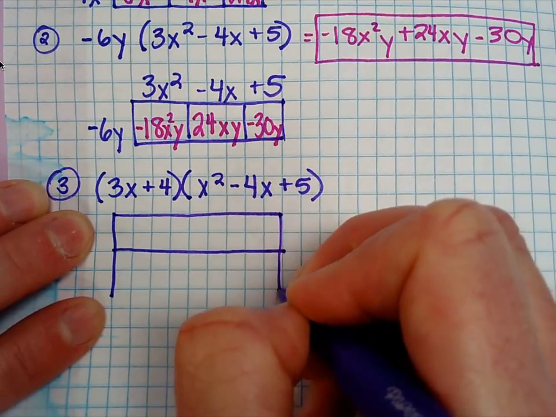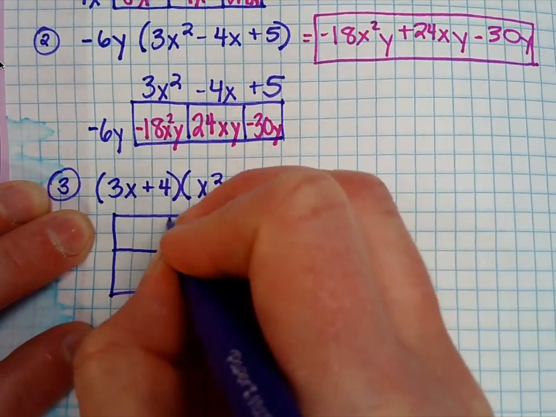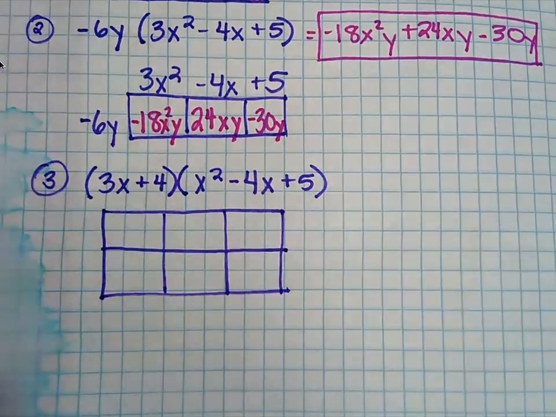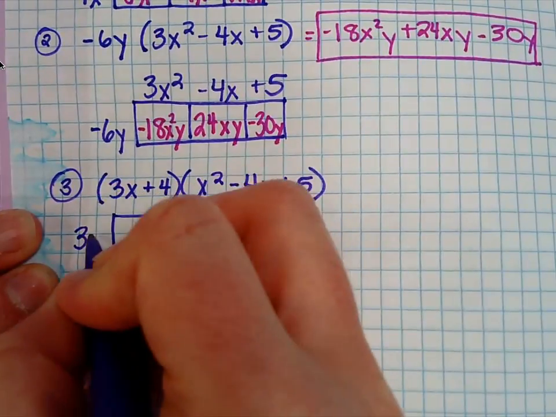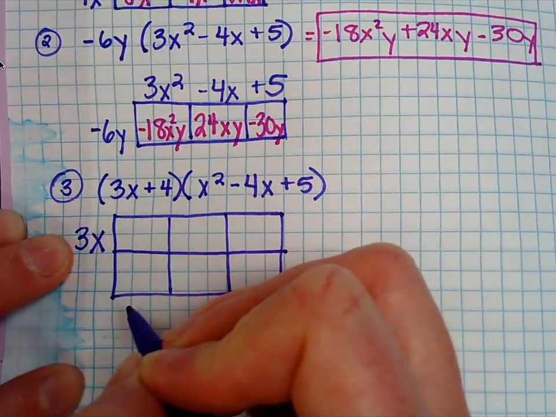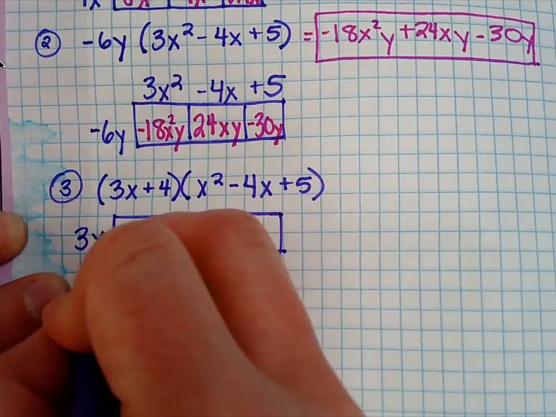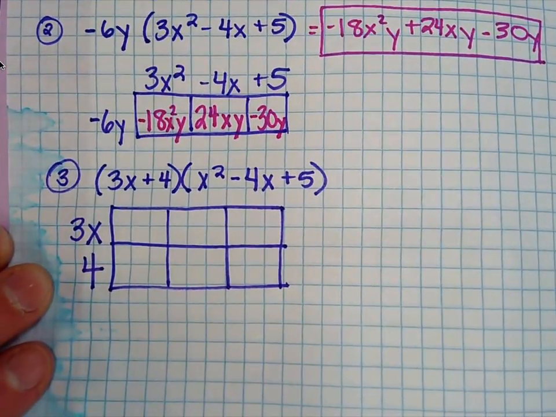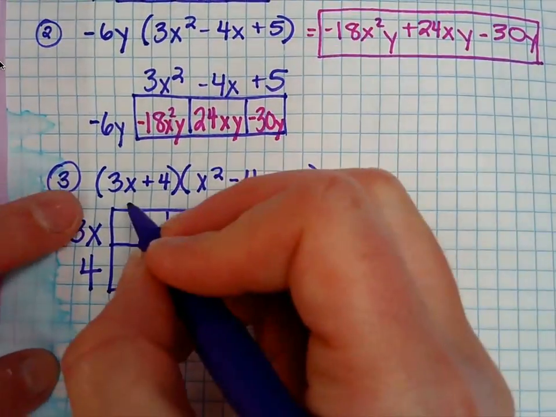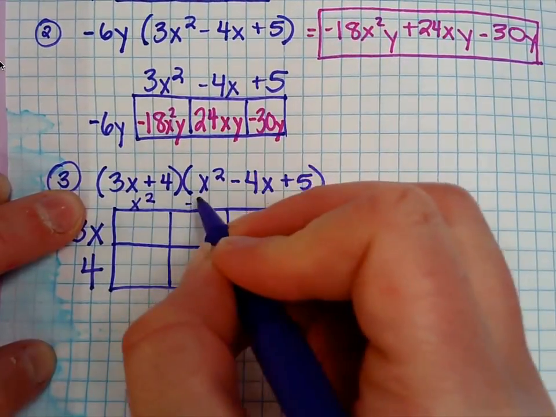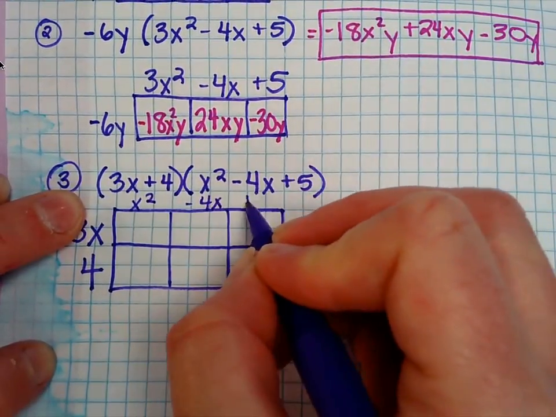I did not give myself enough room, but that's okay. It'll still work. So the 2 rows, which means this row is 3x, this row is plus 4, or just 4. And then our column is the trinomial, x squared minus 4x plus 5.